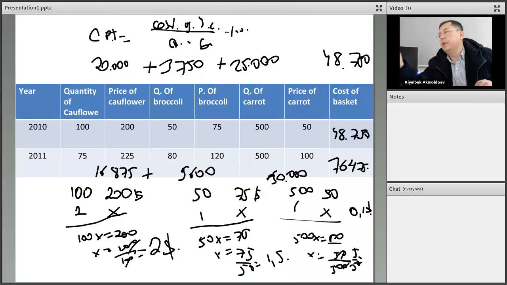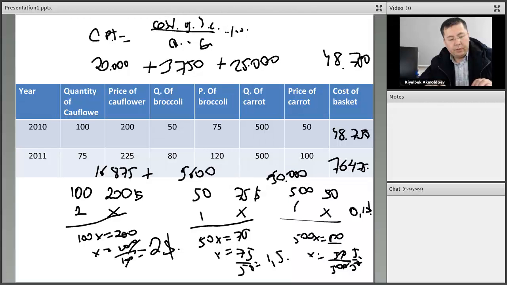Second one: 76,475, the current year, divided by 48,750, the base year, is 1.5 multiplied by 100.